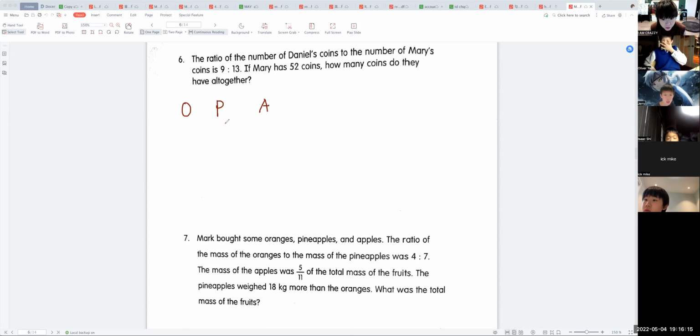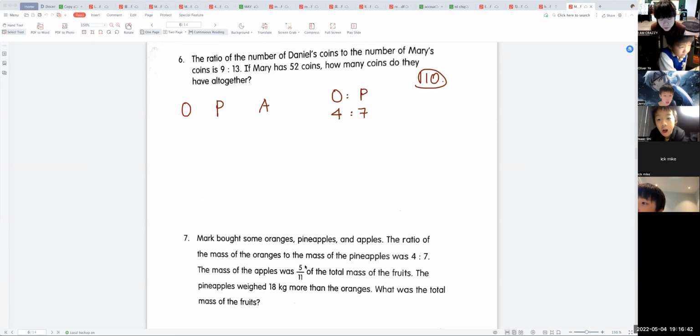Of the orange to the pineapple is 4 to 7. That means if you have 110 kilograms of fruit and they're all orange and pineapple, that will be 40 to 70. Understand? It's just for orange and pineapple. It's not for orange, pineapple, and apple.